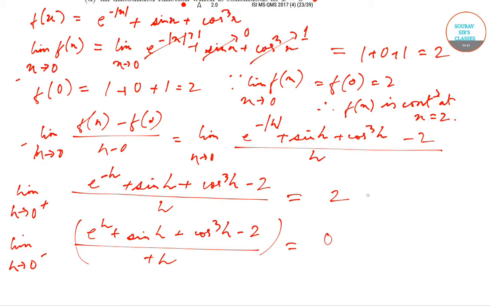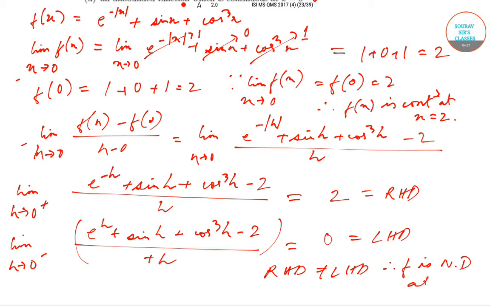So the right hand derivative and the left hand derivative are not equal. So f is not differentiable at x equal to 0. I made a mistake earlier, it is x equal to 0 over here. Therefore option B, continuous but not differentiable at x equal to 0, is the correct option.